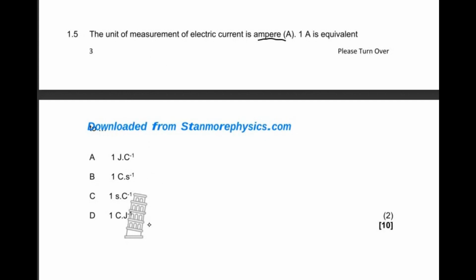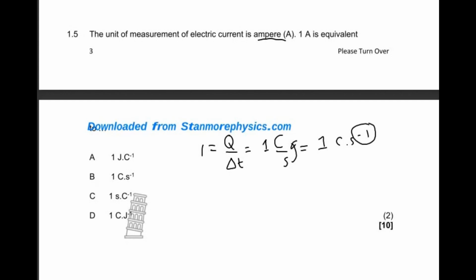Remember, the formula for current is I equals Q, the charge measured in coulombs, over the change in time, delta T. So if it's 1, we just have 1 coulomb, divided by the unit of delta T, which is seconds. We can also write this as 1 coulomb dot S to the power of minus 1. We took the seconds to the numerator, hence the power of minus 1.